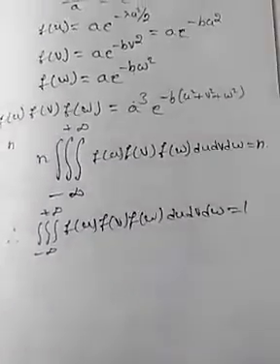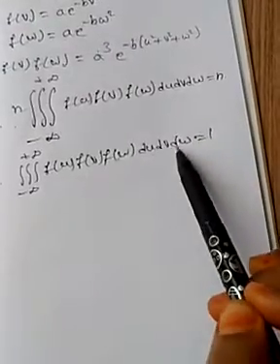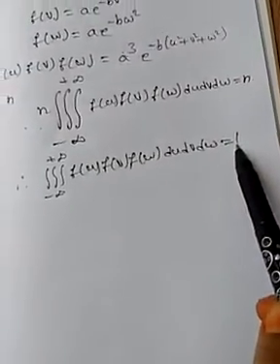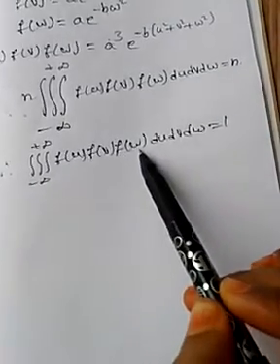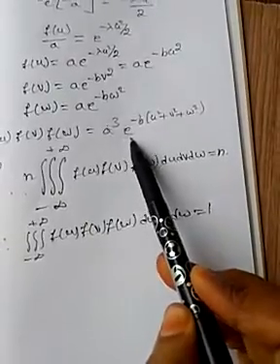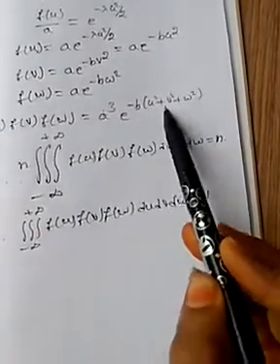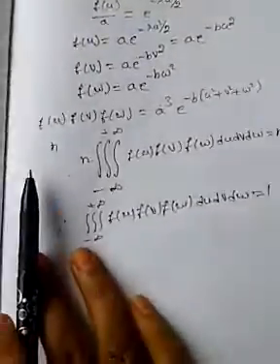Then it becomes the integral of f(u), f(v), f(w) du dv dw equals 1. Here, in place of f(u), f(v), f(w), we have a cube into e power minus b times u square plus v square plus w square. We have to substitute this here.